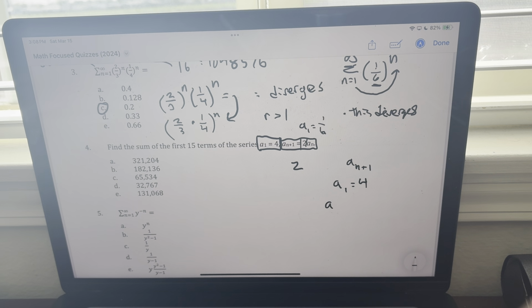We know that a_(1+1) is equal to 2 times a1. So that would equal 2 times 4, which is 8.